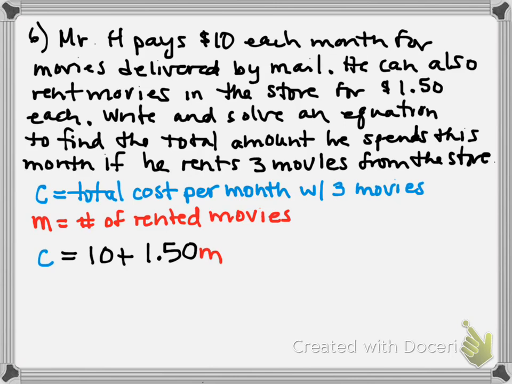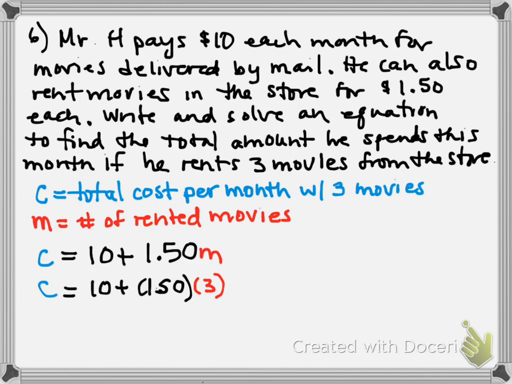So we've got variables described. That's 1 out of 4 points. We've translated an equation of the situation. That's 1 out of 4 points. Now we need to solve it. What piece of information did we give that's not shown up in our problem yet? Michael? The 3 movies. So our problem now with substitution becomes C equals 10 plus $1.50 times 3.